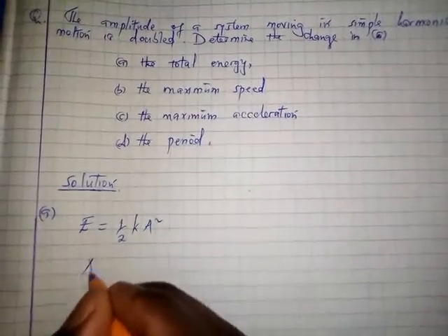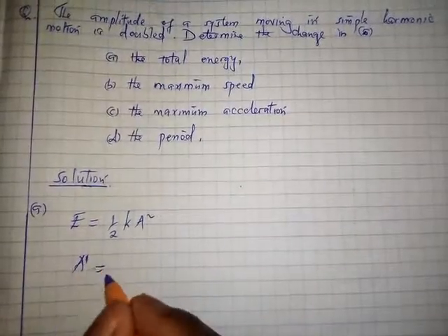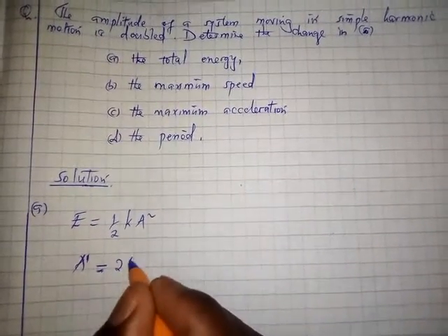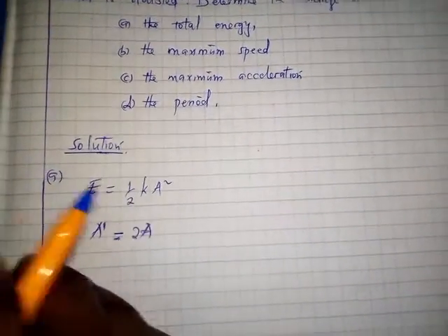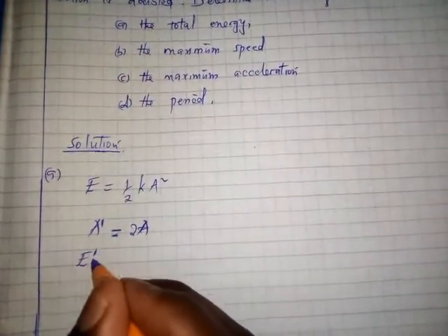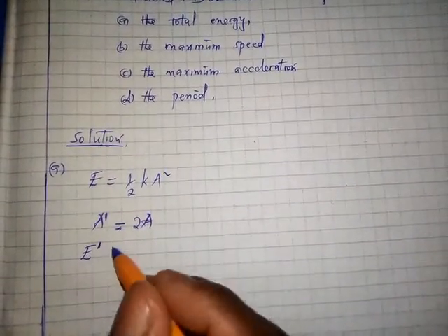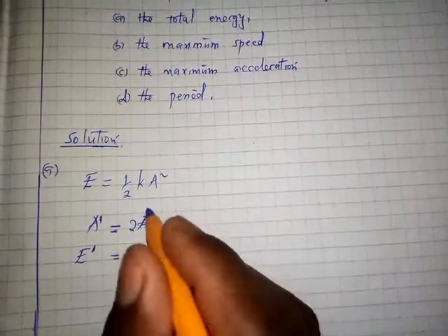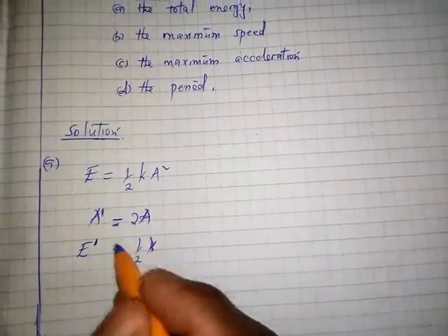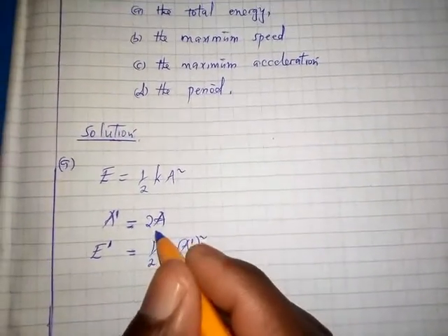So our E prime, after the amplitude is doubled, will be equal to a half K, K is the spring constant, then A prime squared, which equals 2A squared.